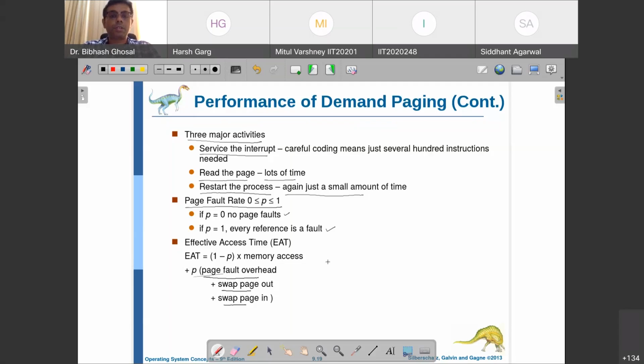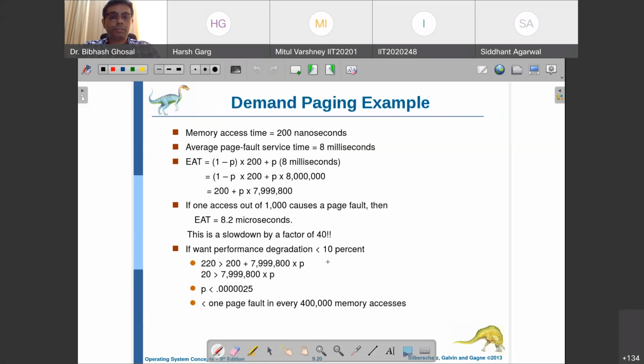Here is a numerical example showing the typical value you get if you have page faults.